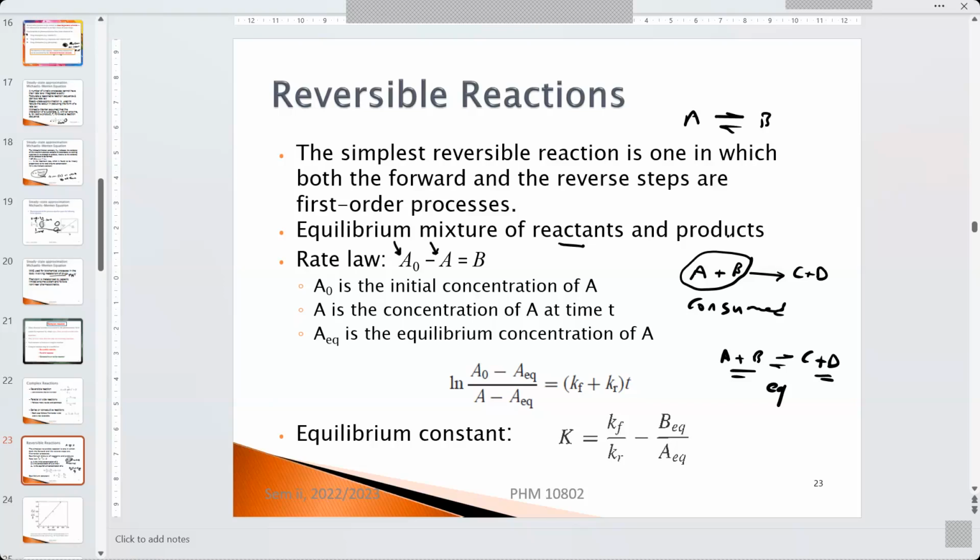A is the concentration at any time t. The difference between them is usually equal to the amount of product that has been formed, the amount of product at time t. The t is a subscript here, not multiplied by t. B at time t.